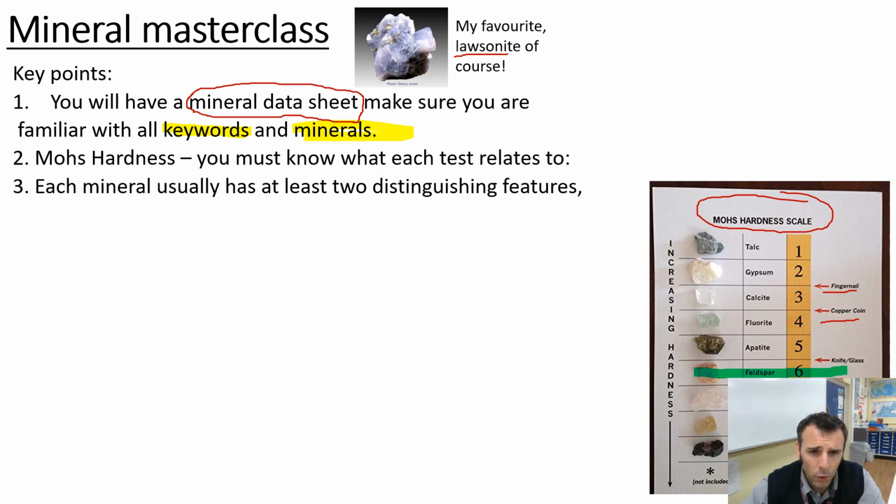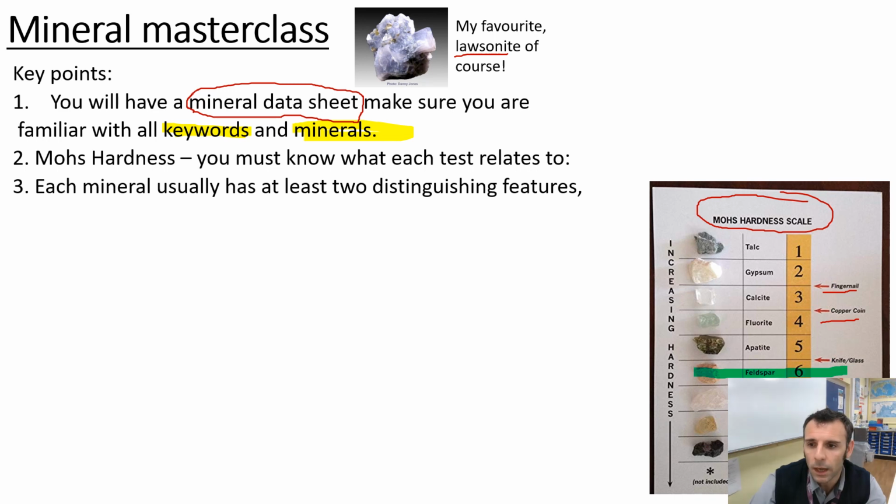So each mineral though, whichever one it is, here's one for example, has at least two distinguishing features, and in this case you can clearly see that there's some perfect, beautiful cleavage there, and also the colour. If you look very closely, it is a metallic or more of a vitreous luster, and very, very dark.